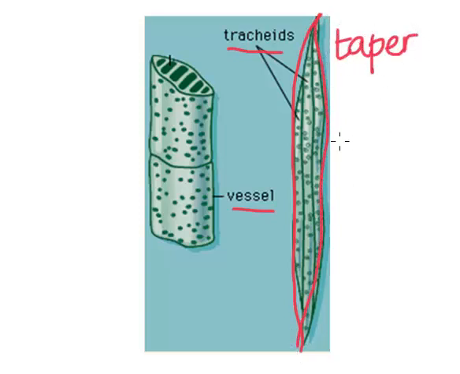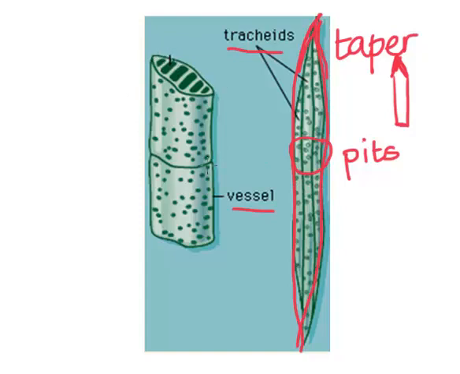The word taper comes from the word for a candle that has this pointed end. That is a tapered end. We can see that the tracheids have these tapered ends. They're elongated cells. We can see that the cell walls have numerous pits in them. The cell walls themselves are very much thickened.